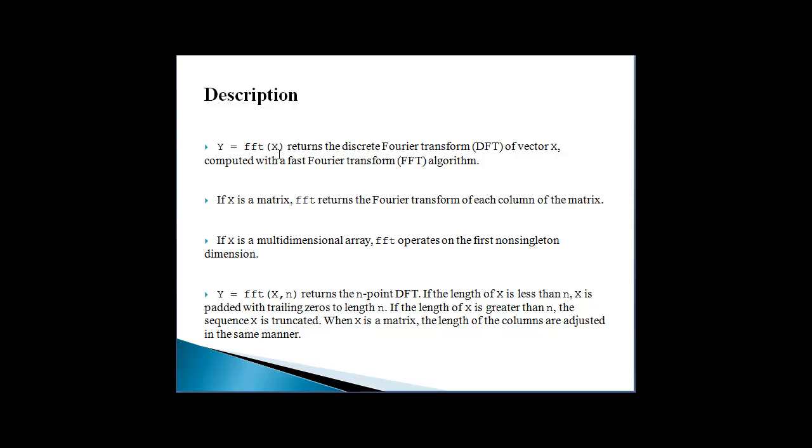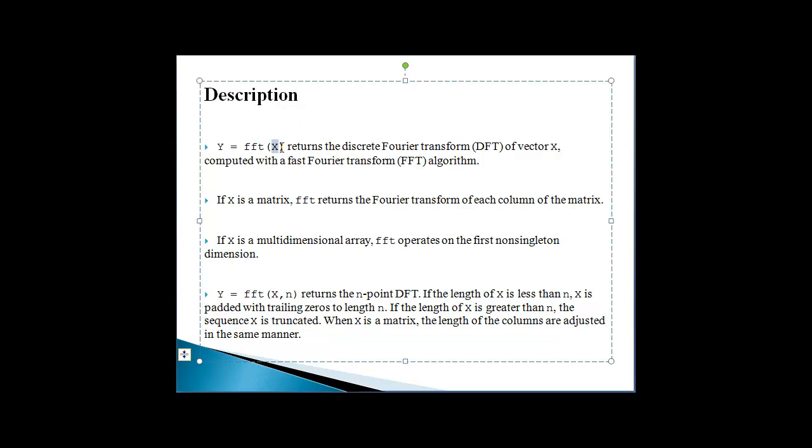The fast Fourier transform of x returns the discrete Fourier transform DFT of vector x computed with a fast Fourier transform algorithm. Now if x is a matrix, then FFT returns the Fourier transform of each column of the matrix. If it is a multidimensional array, then FFT operates on the first non-singleton dimension.